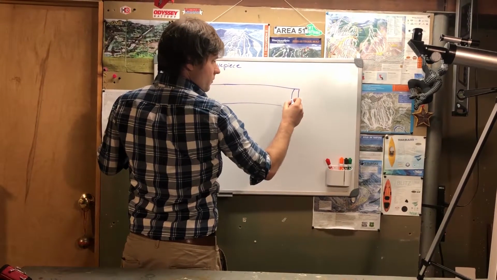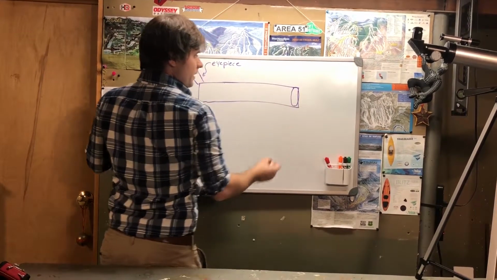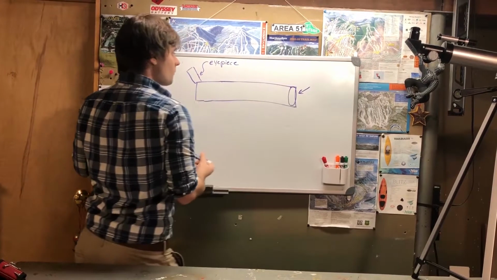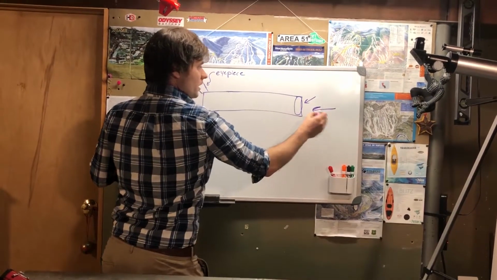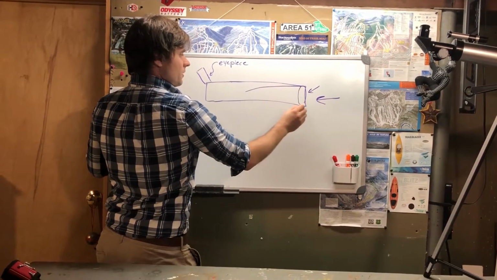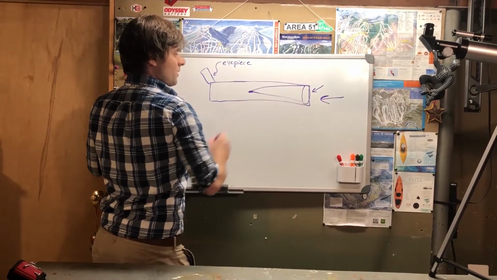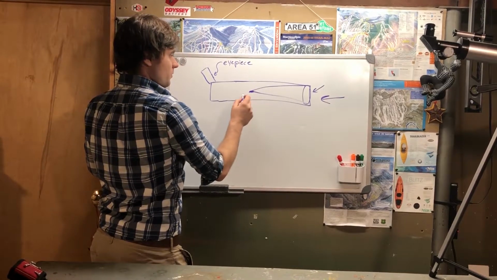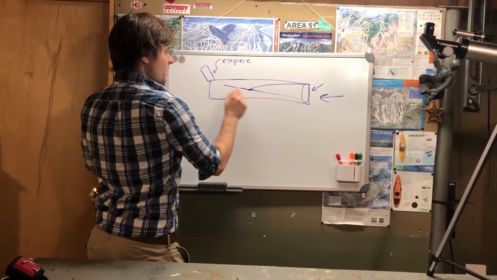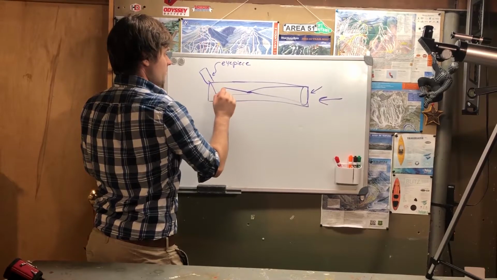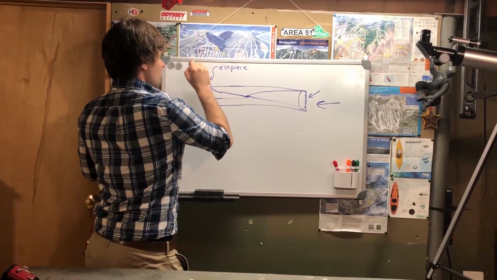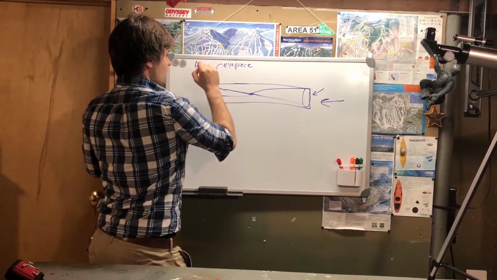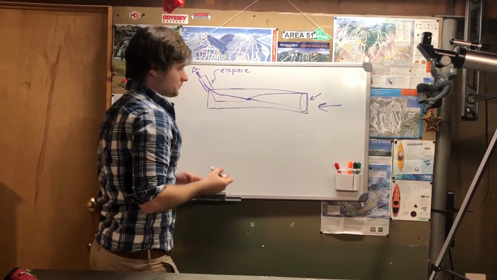A refracting telescope uses a big lens at the front, known as the objective, and what that lens is going to do is take in all the incoming light and focus it at a single point, say inside the telescope tube. That light's then going to travel back, get reflected up into the eyepiece where it's magnified, and if you're looking in there, you'll be able to see your image.